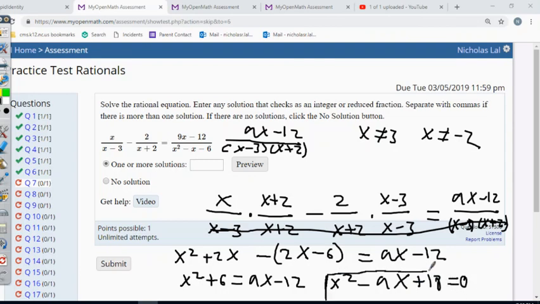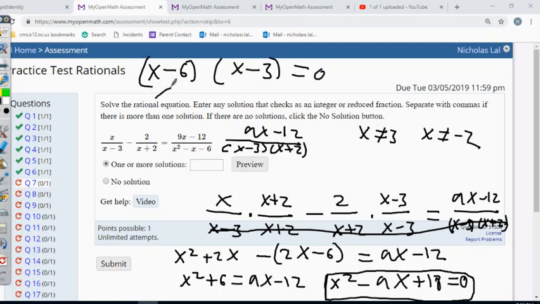So this will factor into x minus 6, x minus 3. These are equal to 0. So x is equal to 6 and x is equal to 3.